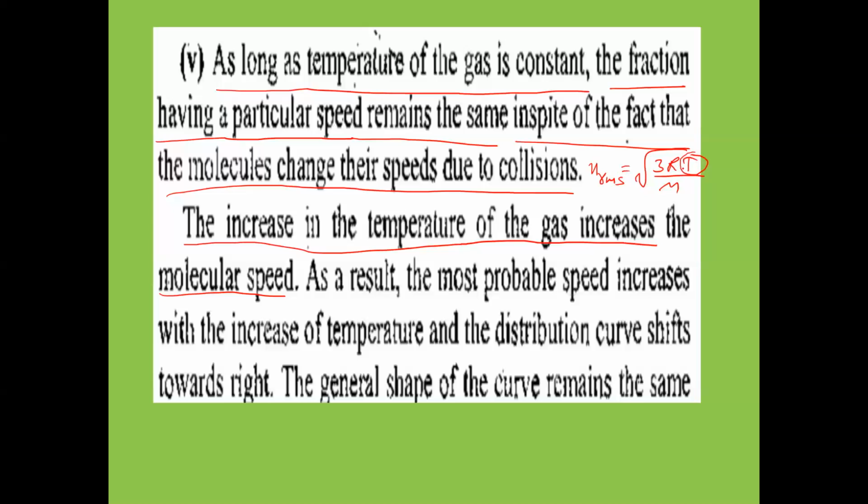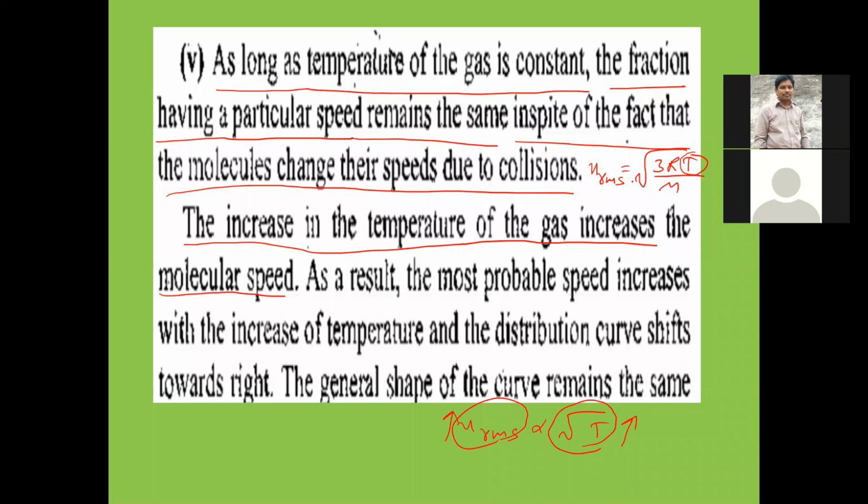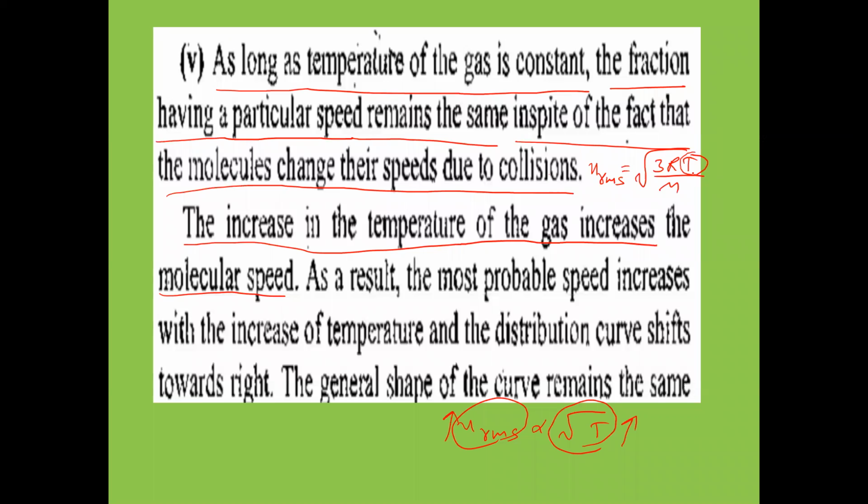Directly or inversely? Directly. So URMS is directly proportional to the square root of temperature. So when temperature increases, RMS velocity also increases. Not only RMS velocity, any velocity, RMS velocity, average velocity, or most probable velocity, will depend on temperature directly.